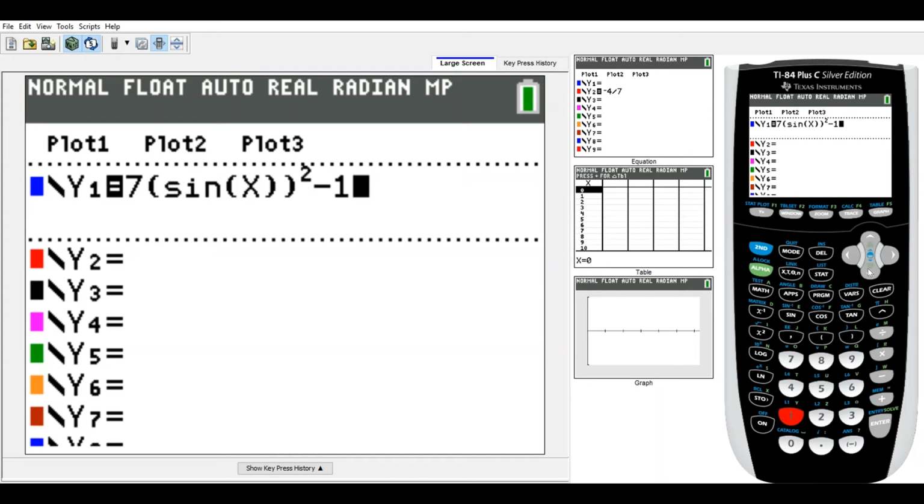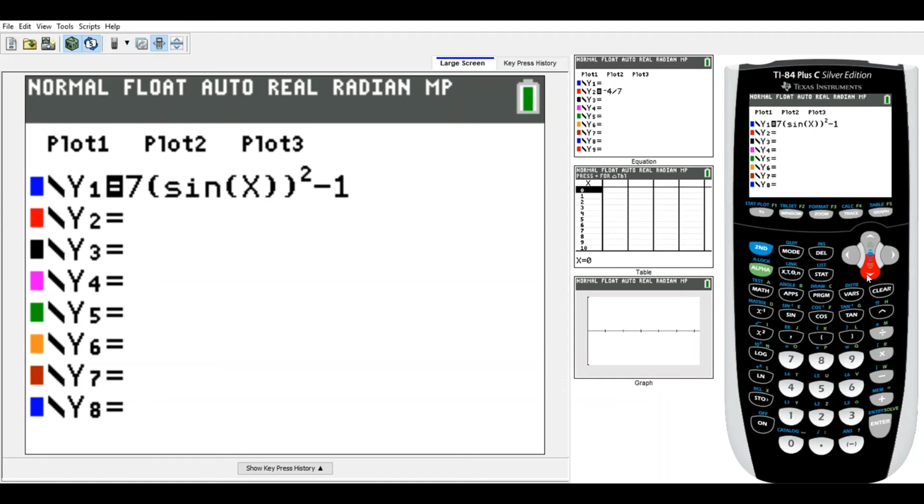And if you want to, you can technically type in y2 equals 0 here and then find that intersection. But there is actually also a button that can find roots, which is really just finding when the graph crosses the x-axis, which is what we're looking for. The graph crosses the x-axis when y is 0.